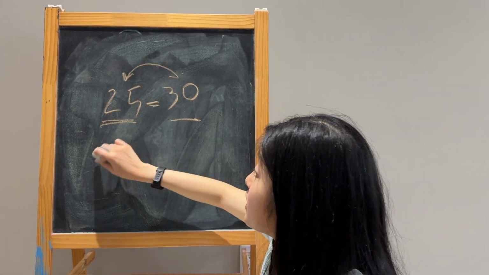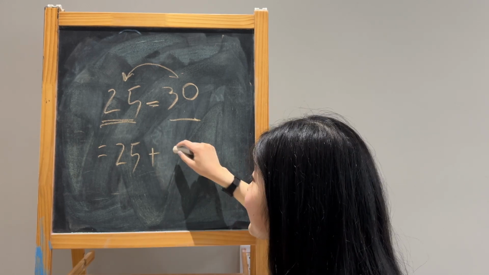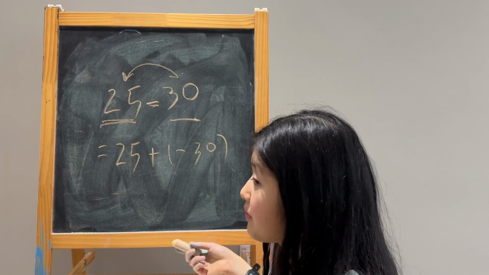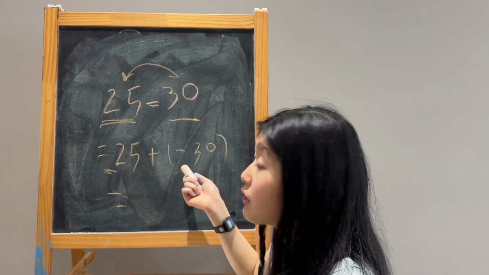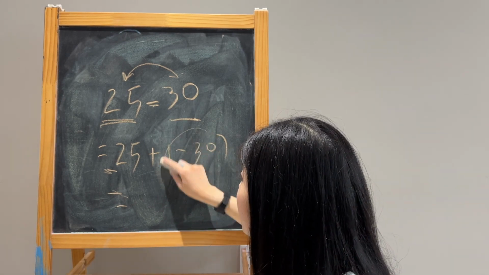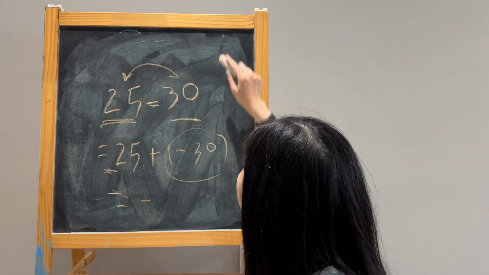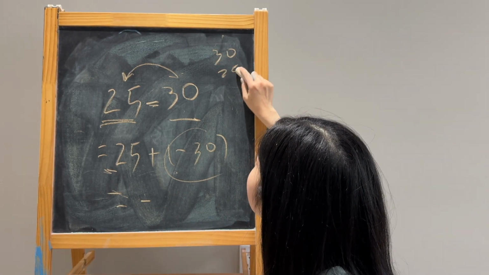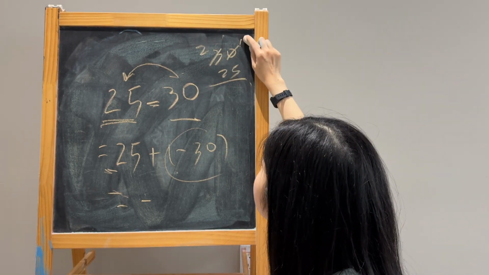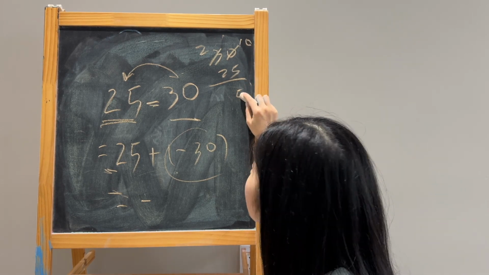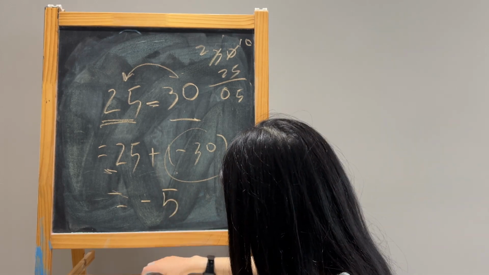However, we can turn this into 25 plus negative 30. Okay, so now we can see this is positive, this is negative, so different signs. And we can see that 30 has a larger magnitude than 25, so we know our final answer is negative. So 30 minus 25. We take one of the ones from here. This becomes 10. 10 minus 5 is 5. 2 minus 2 is 0. So we just get negative 5 as the answer.